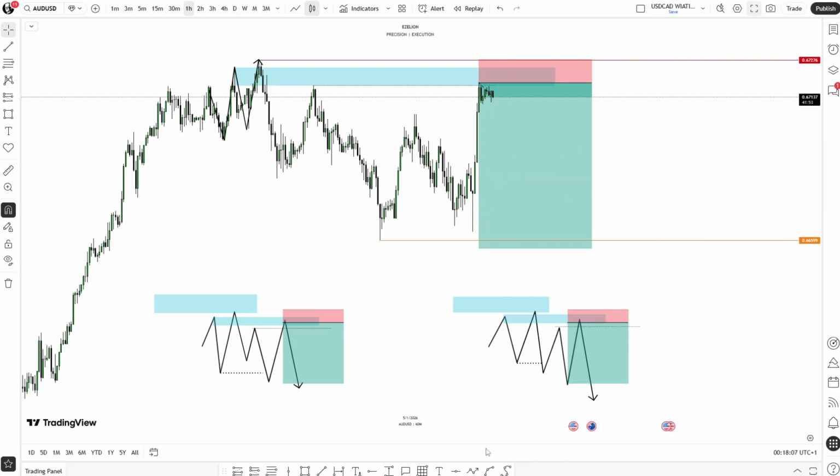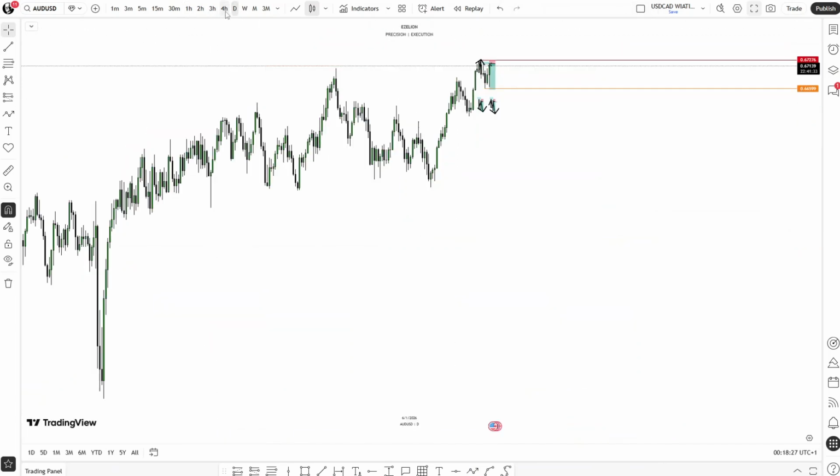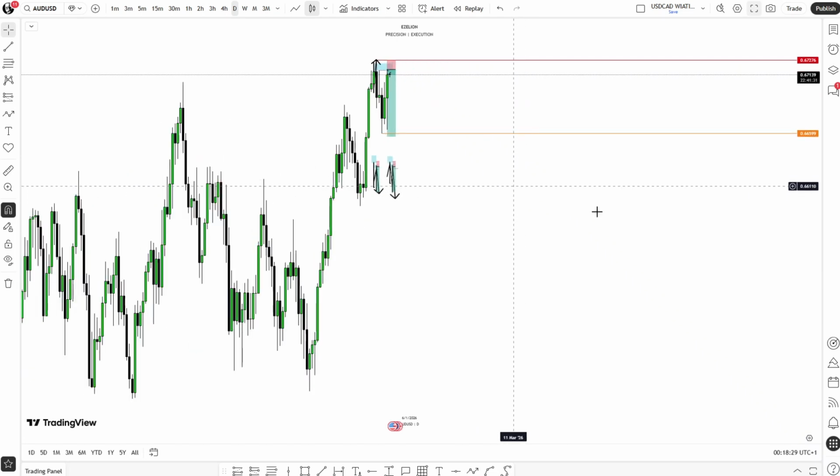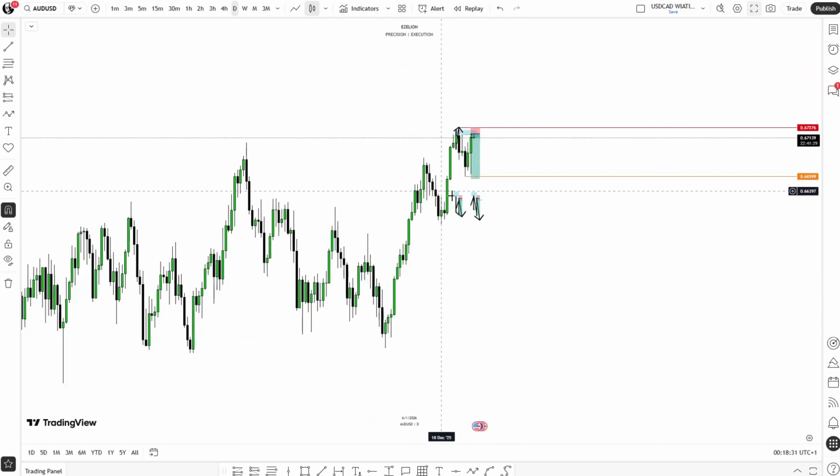So regardless of these two criteria not being met, I actually took this trade because I believe even if this is not going to play out, we're going to have a little bit of retracement of like 1.5 hours that is going to set break even. And if you go to the daily time frame or 4 hour time frame, you can see that price at least wants to retrace a bit.